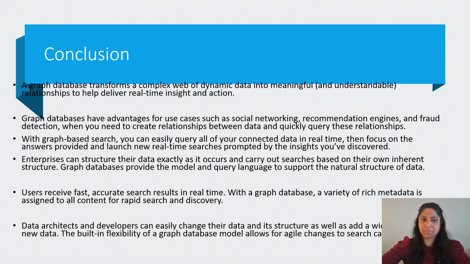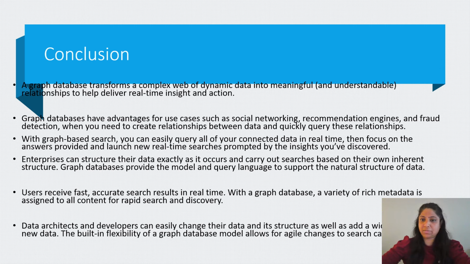The next conclusion is enterprises can structure their data exactly as it occurs and carry out searches based on their own inheritance structure. Graph databases also provide the model and query language to support the natural structure of data. The next conclusion is users receive fast, accurate search results in real time.